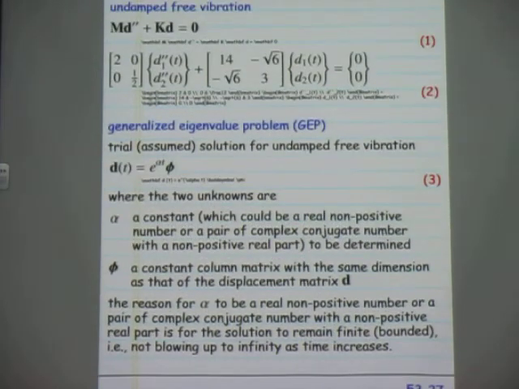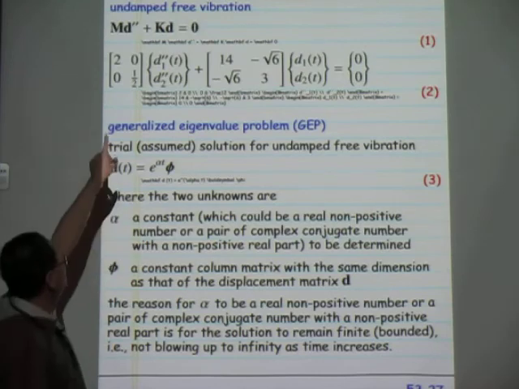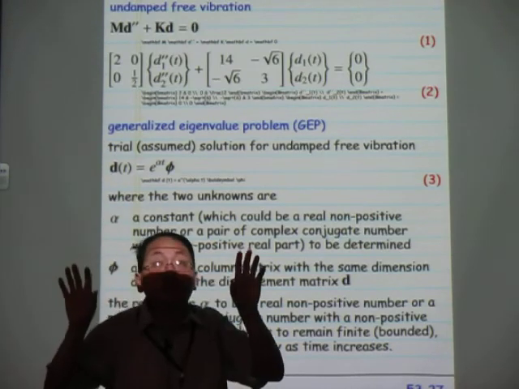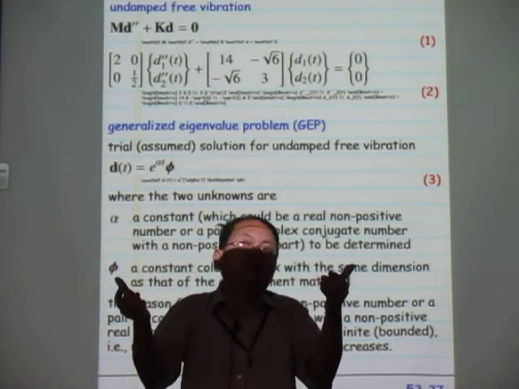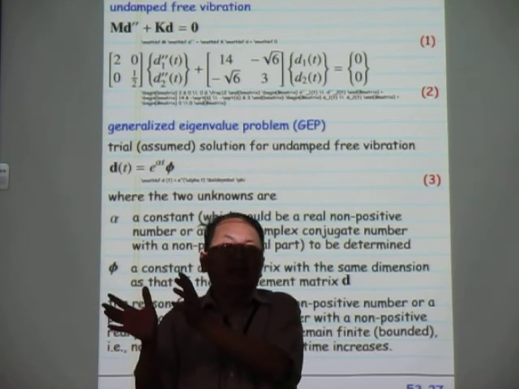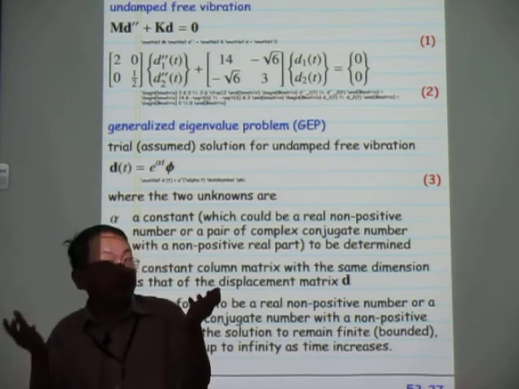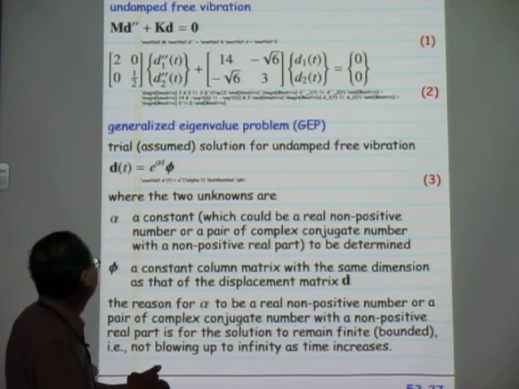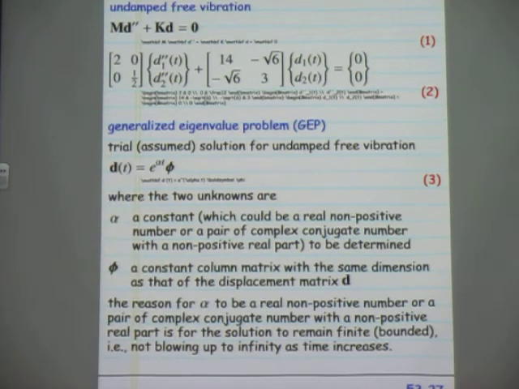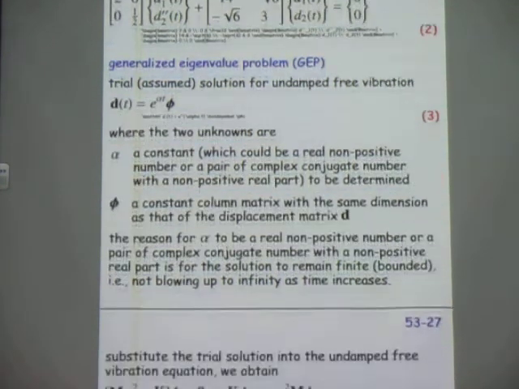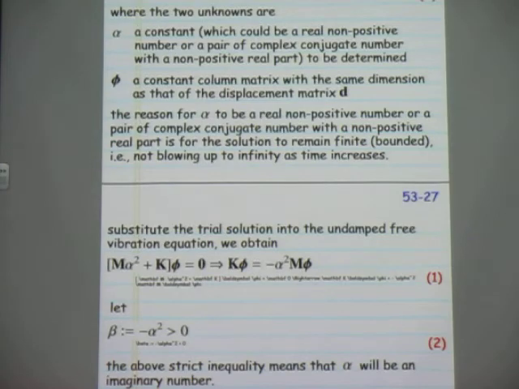Let me go up here. So this is the trial solution. This is what you assume. You substitute into that undamped free vibration equation. Just like in the scalar case, you substitute the trial solution into the ODE to get the characteristic equation, right? So substitute that in there to obtain this result.